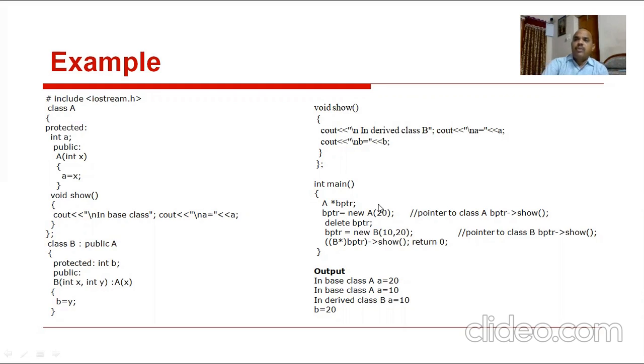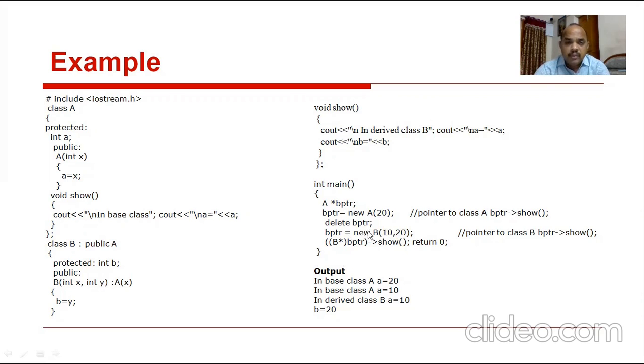Now we are discussing base and derived class objects. Here BPTR is a base class object. The next one, B, is a derived class object, but it only executes the derived class constructor member function. It will not create any object.